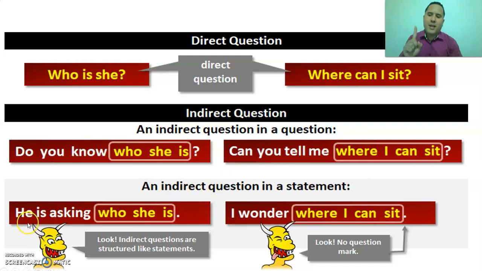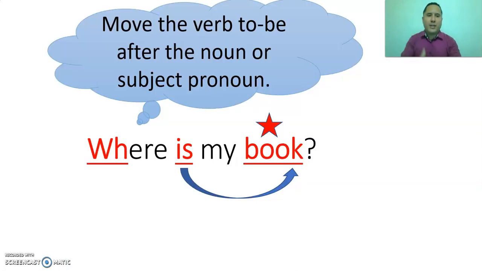Here we have, he's asking. He's asking is not a question. That is a statement. So, he's asking who she is. I wonder where I can sit. Okay, so now you have a brief idea of today's grammar. Now let's see more in detail.